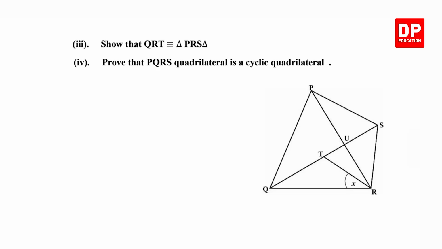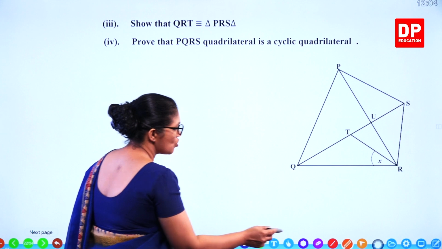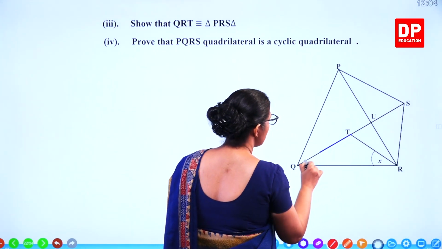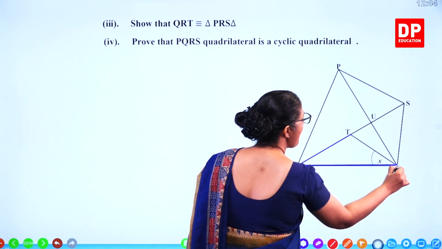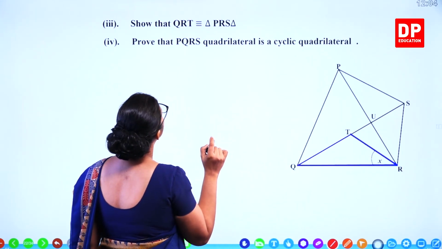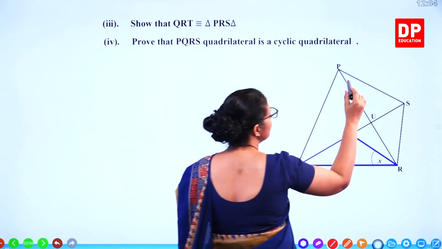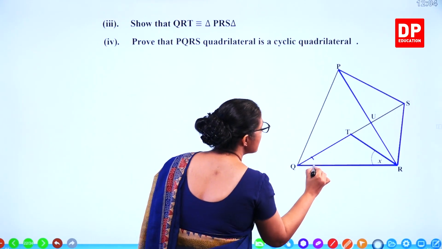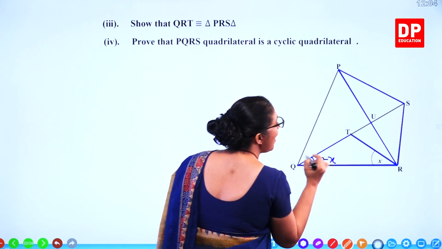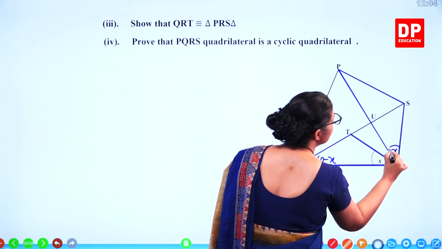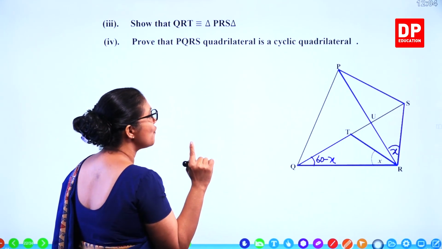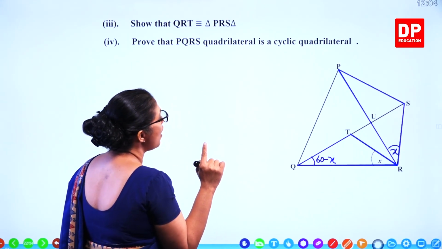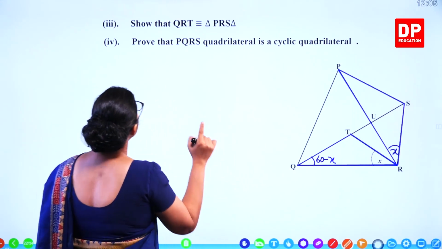Show that QRT, this triangle, and PRS triangle, this one, are congruent. Now, earlier we found this is 60 minus x, and we found this is x. Those are the two angles we found, and we need to find out the two triangles are congruent.